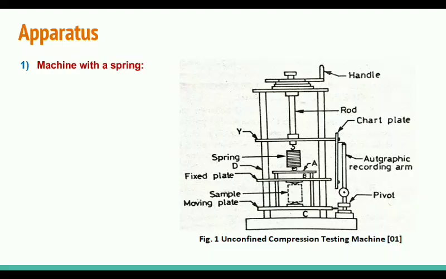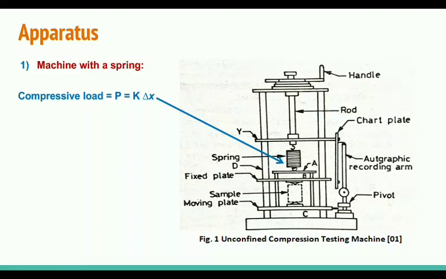So what happens when we rotate the handle? Yoke Y will go upward and the spring will stretch upward. The spring will apply a compressive load on the soil specimen. We know that if a spring has a stiffness constant K, and we have stretched it by a value of delta x, the compressive load will be P equal to K into delta x.